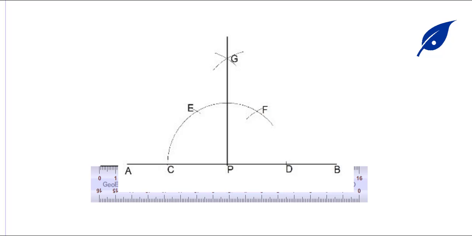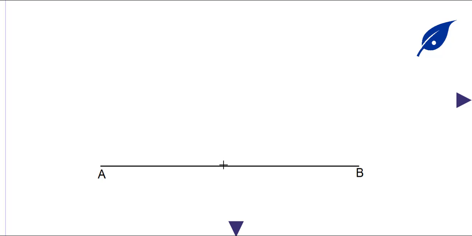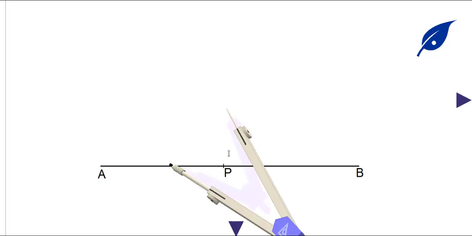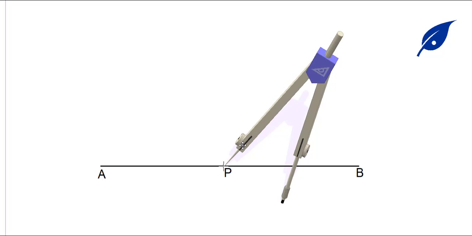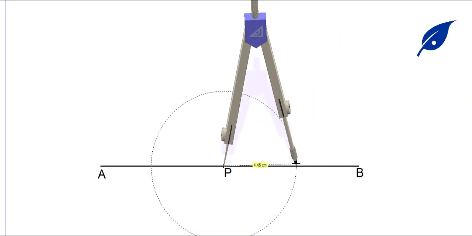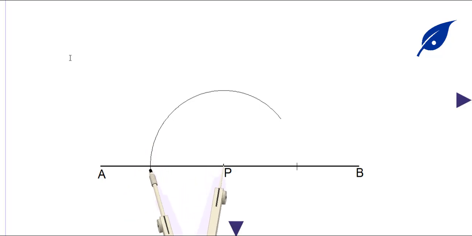Draw a horizontal line AB. I will mark a point P. Get a suitable radius to create a semicircle CD. The points C and D are on the line AB.